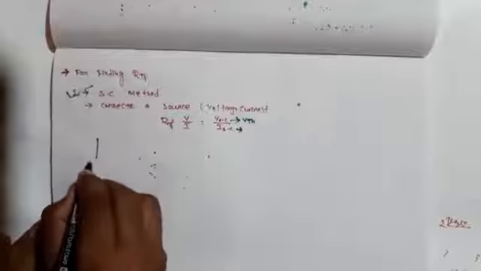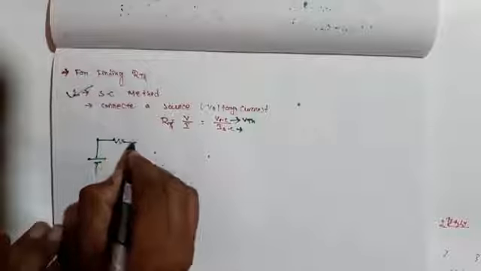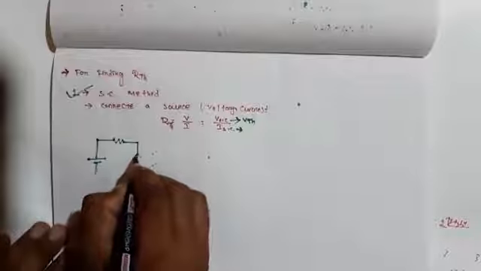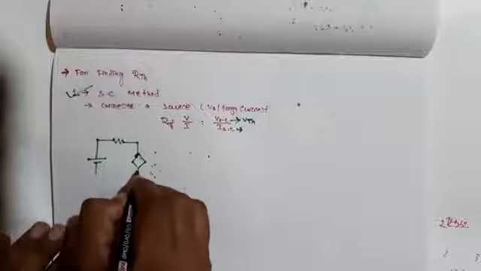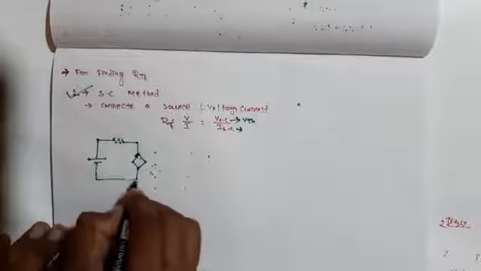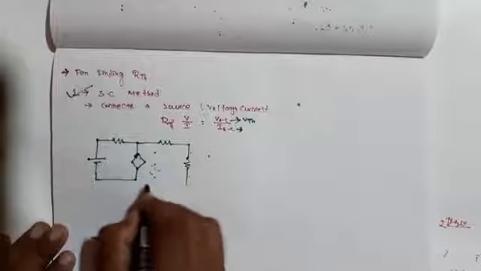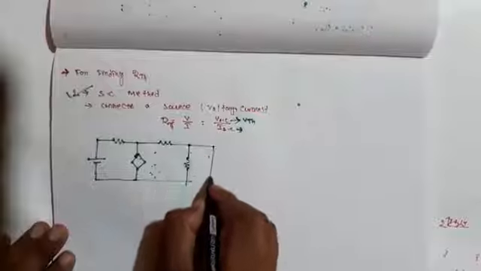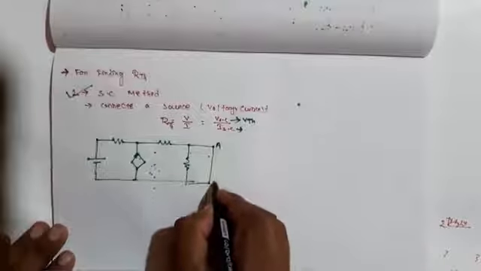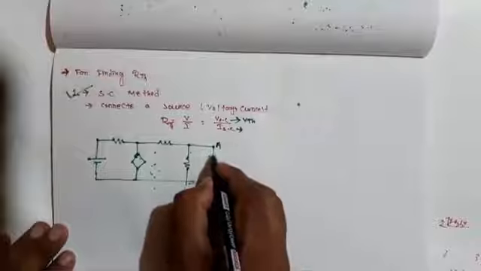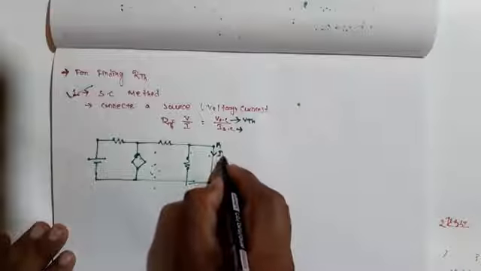So we need to redraw the circuit like that. The AB terminal is going to be short circuited, and we need to find this ISC current.